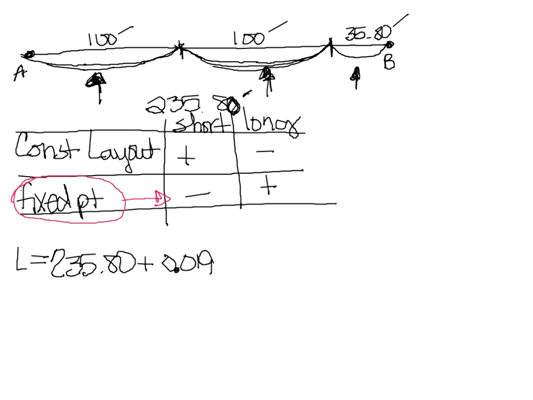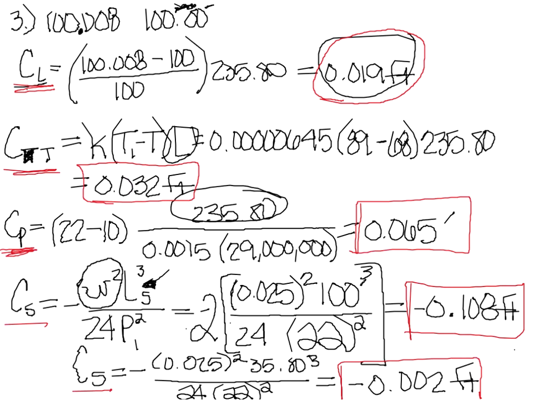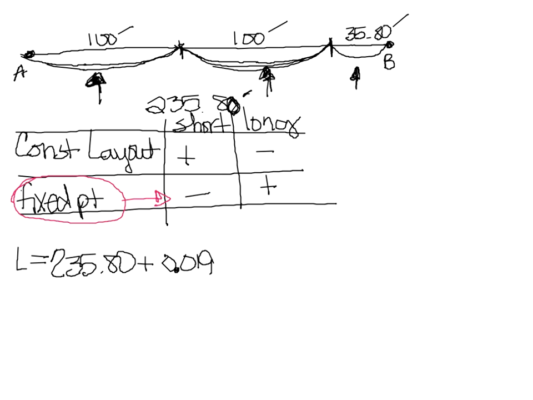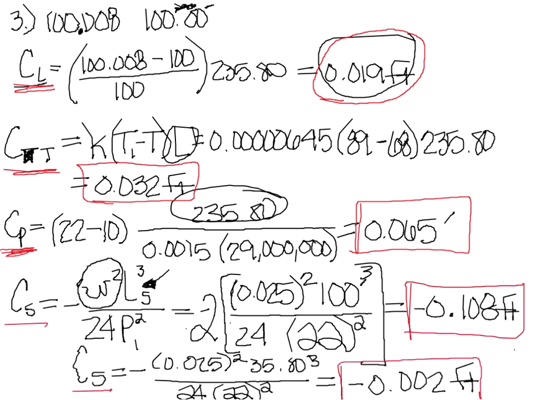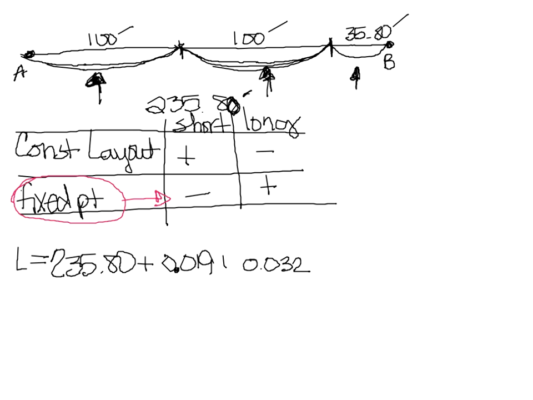Correct, you add it because it's a long tape. So now we look at our next correction, temperature, 0.032. Do we add or subtract the correction for temperature? Looks like we add. The temperature is warmer, gives us a long tape. So if we have a long tape and it's a fixed point problem, we add it.